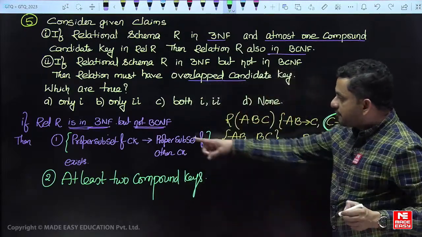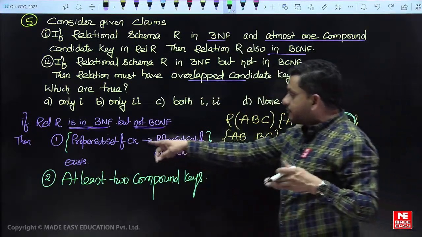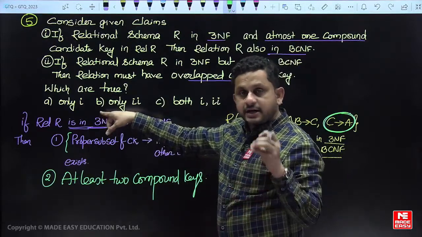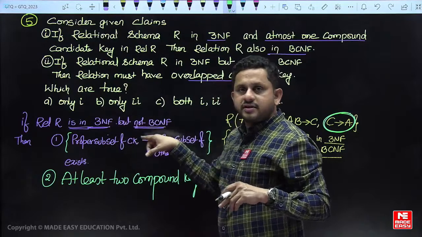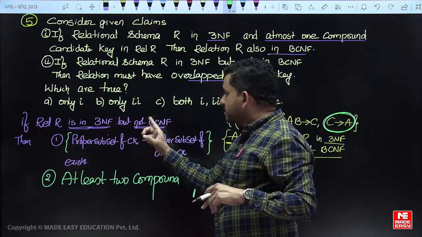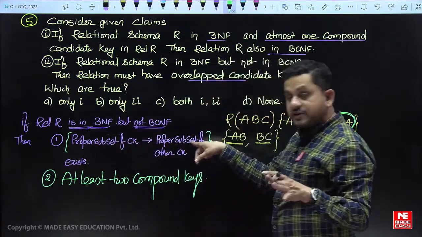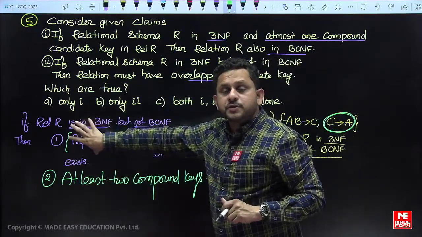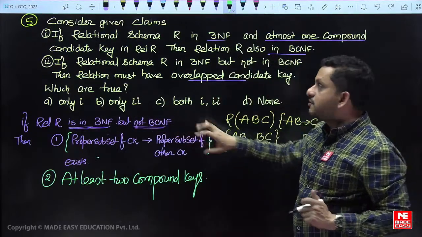Otherwise this kind of FD is not going to be formed. If this kind of FD does not form, BCNF does not fail. A 3NF relation is guaranteed to be BCNF if this kind of FD is not there. If 3NF is true and BCNF is false, this FD exists, meaning at least two compound keys, because a proper subset of a key should determine a proper subset of another key.